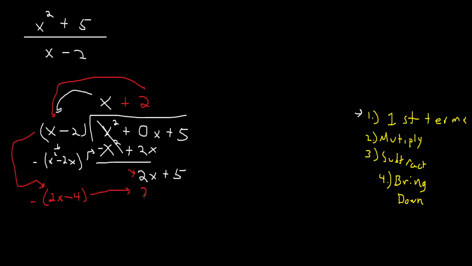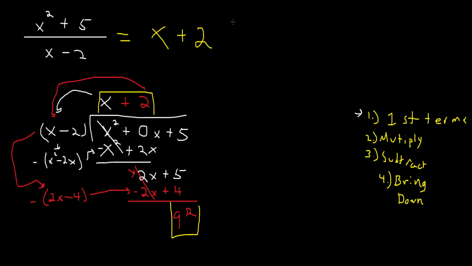So negative 2x plus 4. Okay, so the 2x's cancel, and I'm left with 9, so I have a remainder of 9. So the answer to my question is going to be this and this. So my answer is x plus 2 with a remainder of 9.